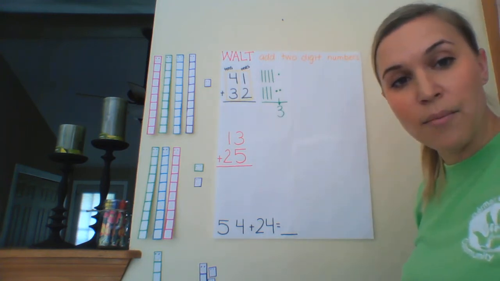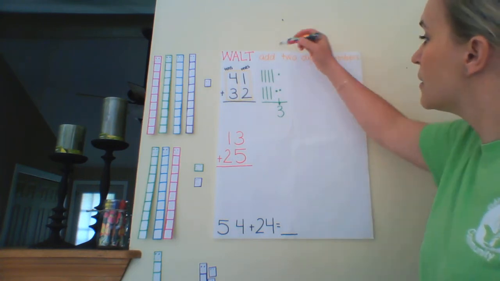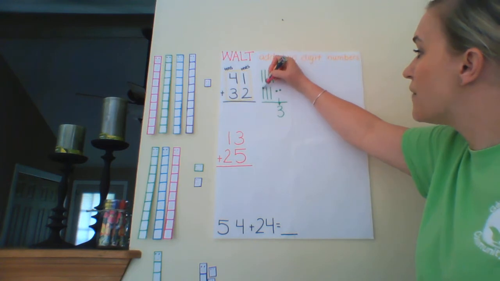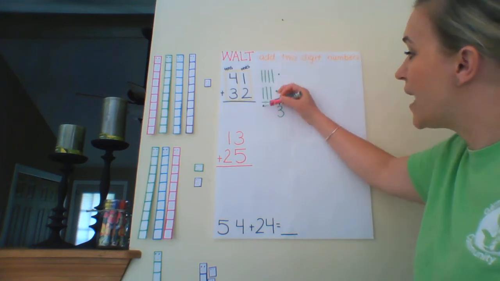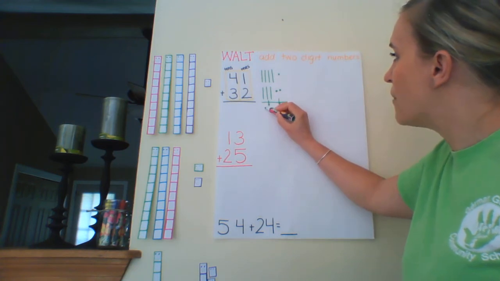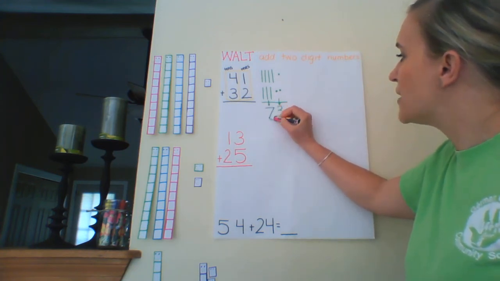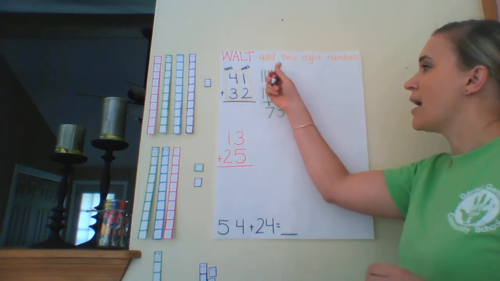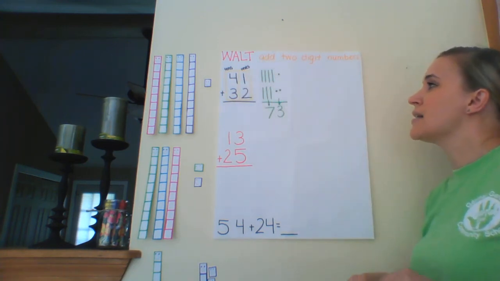Then I'm going to count my 10 sticks. 1 ten, 2 tens, 3 tens, 4 tens, 5 tens, 6 tens, 7 tens. And under my 10 sticks, I'm going to write how many tens I have. I have 7 tens. So if I were to count this all together, I'm going to count the tens and then the ones.